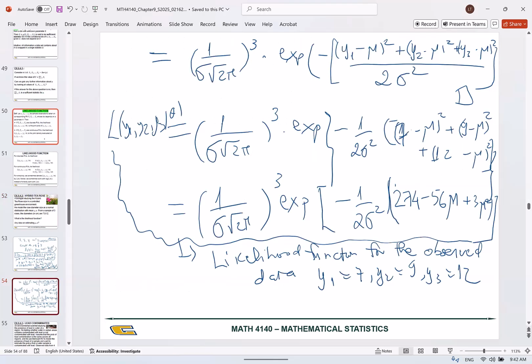So to estimate mu and sigma, we find the mu and sigma that maximize the likelihood function.